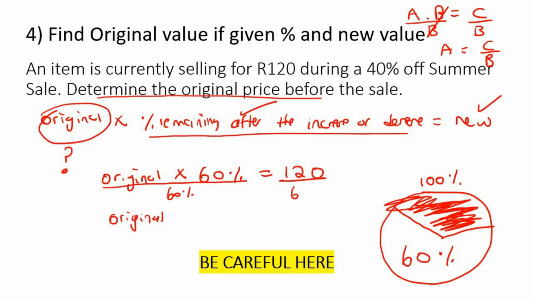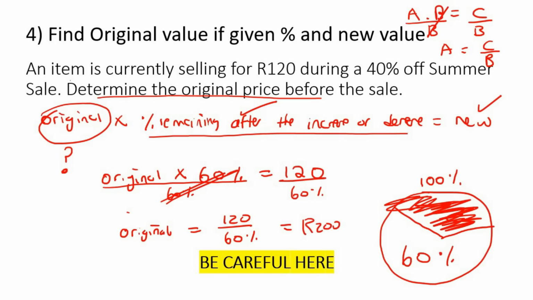You must include the percentage sign. So the original is then equal to, here it cancels, 120 over 60%, and that will give you 200 Rand.